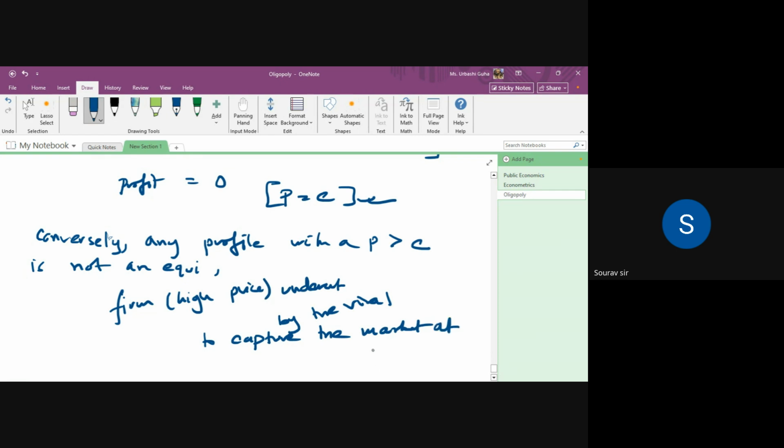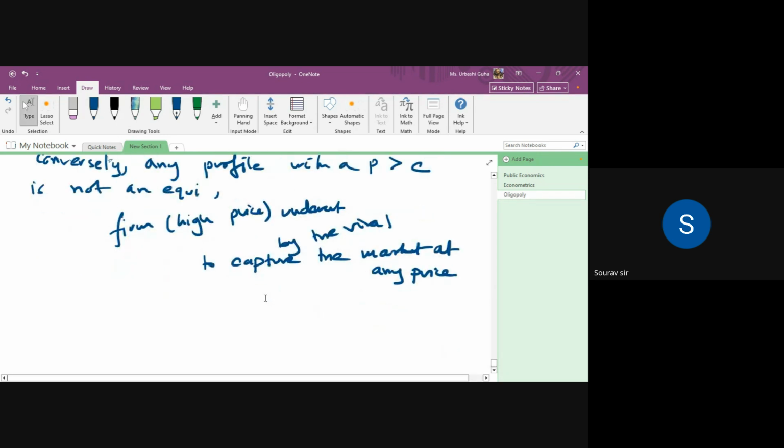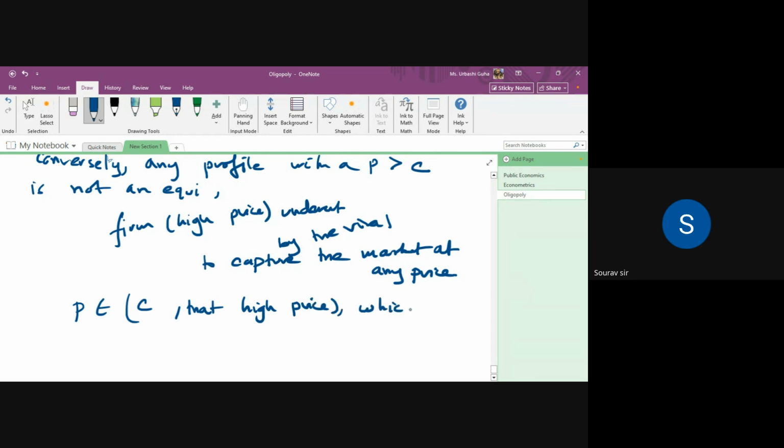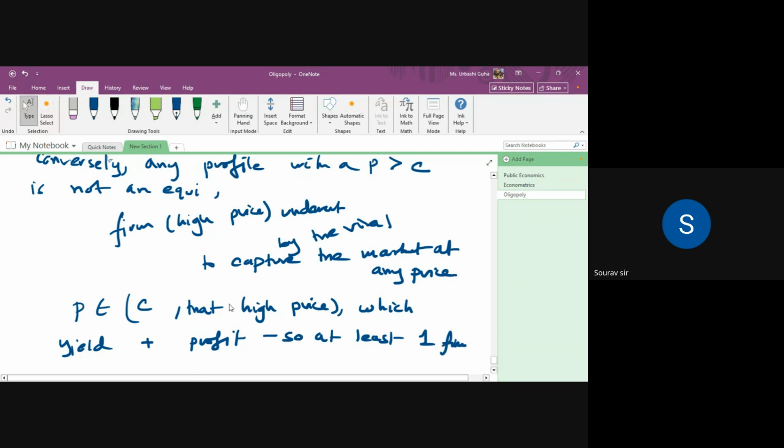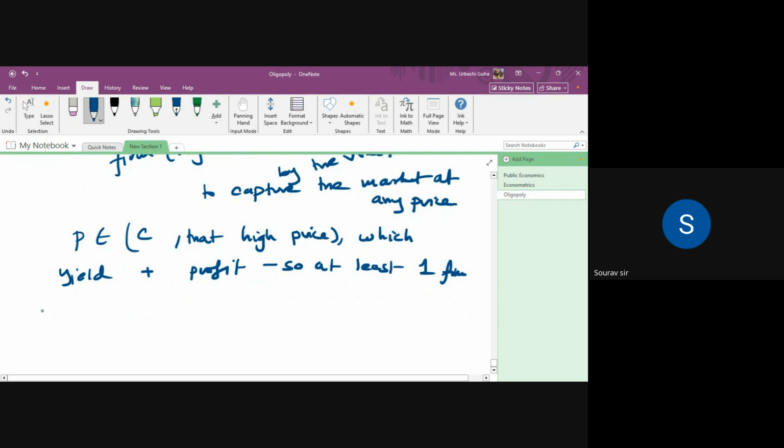In set notation, a higher price would yield positive profit, so at least one firm has a profitable deviation.